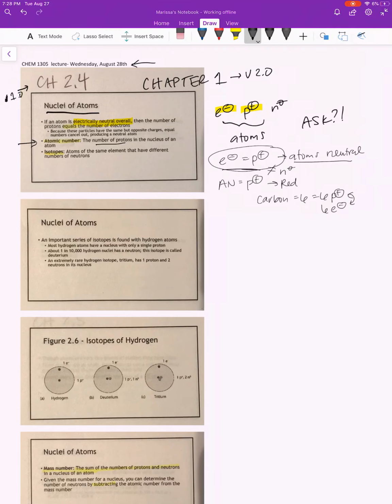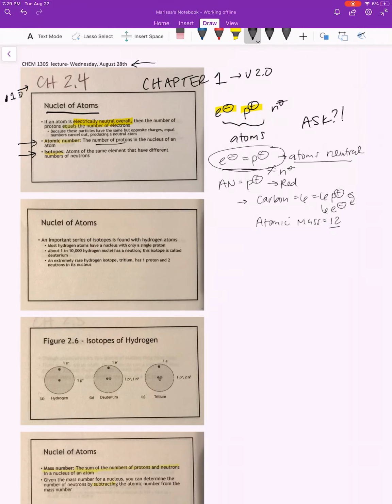So isotopes are going to be atoms that are the same element, but they have a different number of neutrons. So going back to our example of carbon, carbon has a mass of 12. Okay, so its atomic mass is 12, which means that some of the weight of this atom must be due to the neutrons.